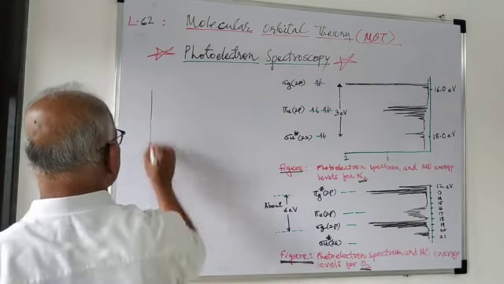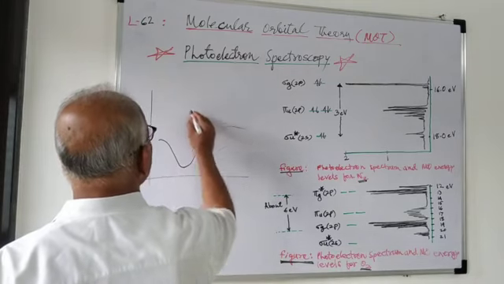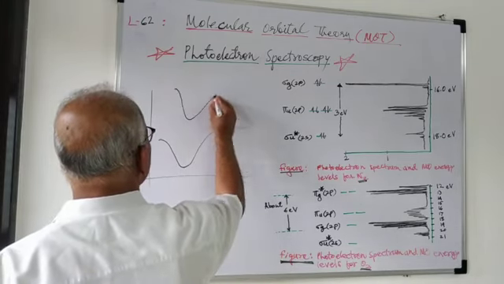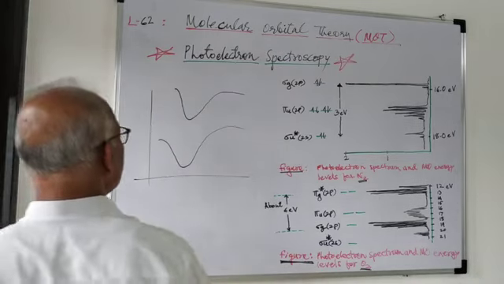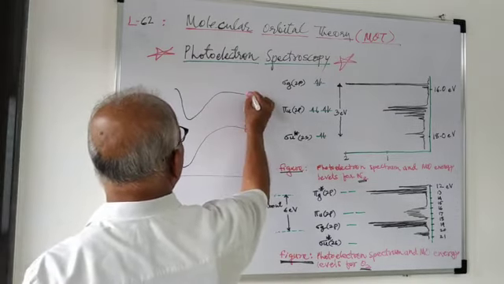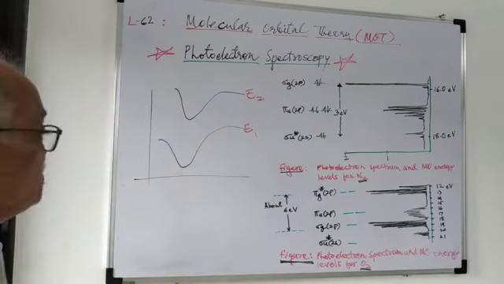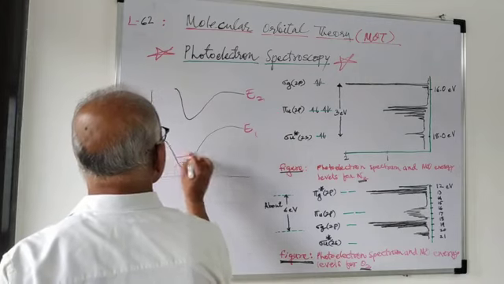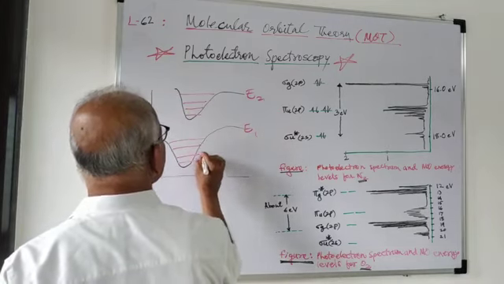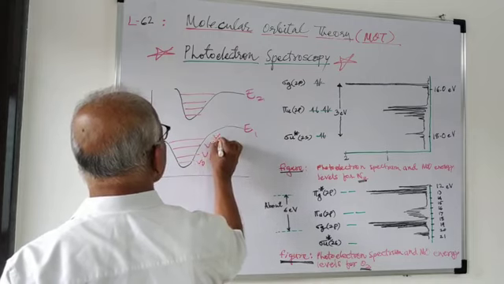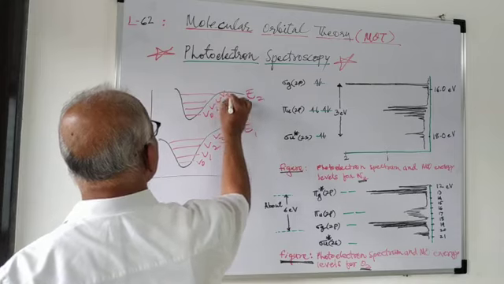If you see these energy levels, these are the electronic energy levels, say electronic energy levels E1 and E2, and you will find there are various vibrational energy levels like V0, V1, V2, V3, etc.